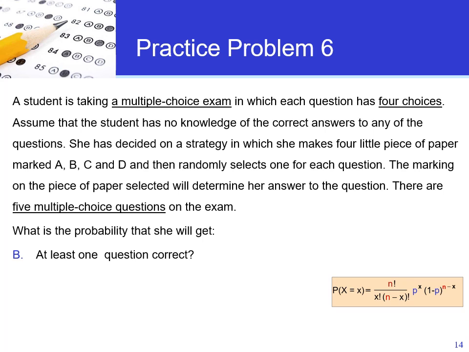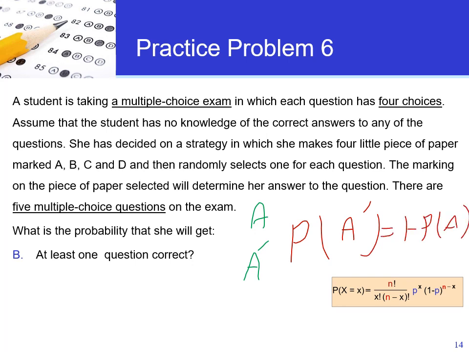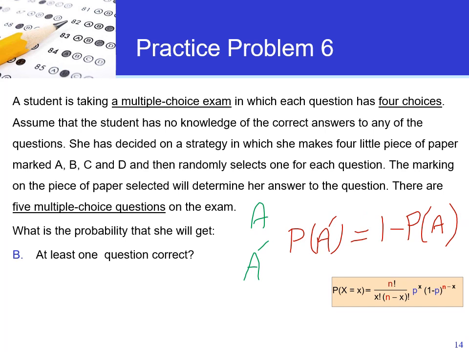If A is an event, the complement of A is A complement, right? Then the probability of A complement is 1 minus the probability of A. So this is a simple formula that we have learned. The probability of A complement is 1 minus the probability of A. All right, so that's why we can use this to find this probability.